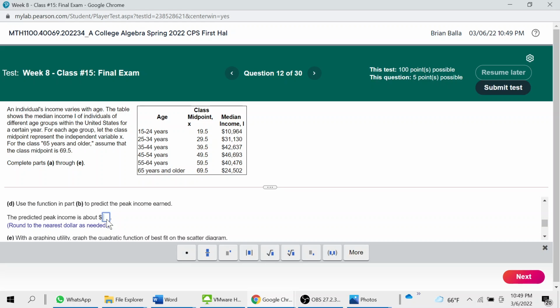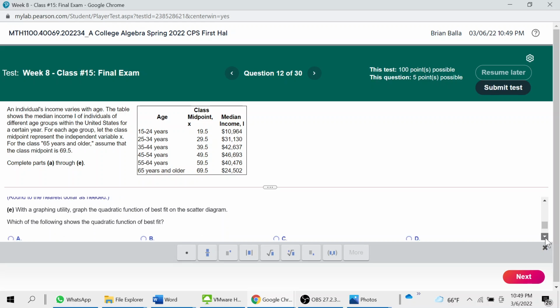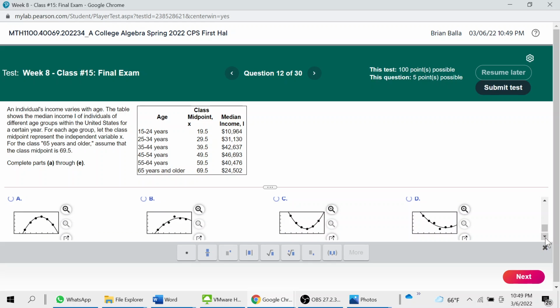The peak income is about 46,290 to the nearest dollar. Scatter plot. Let's see which one matches the most.